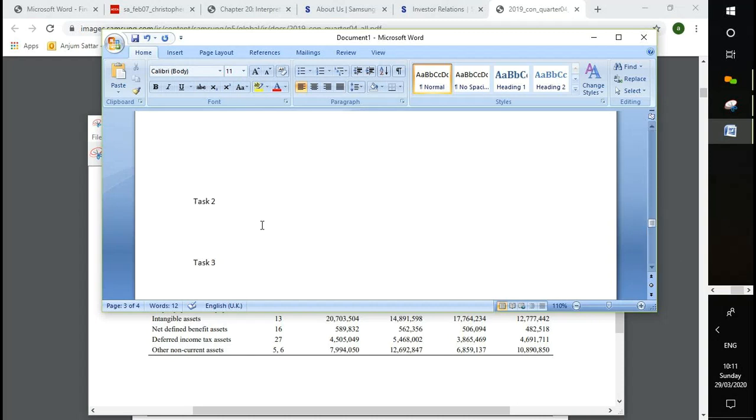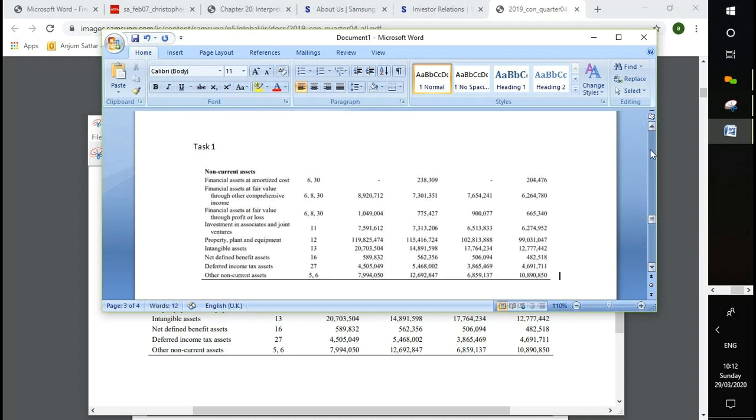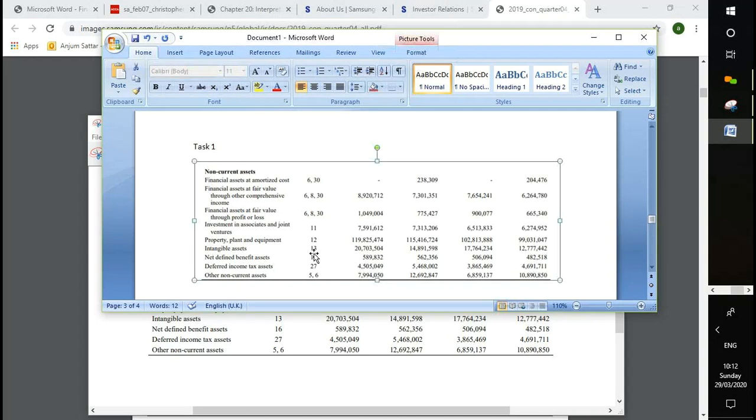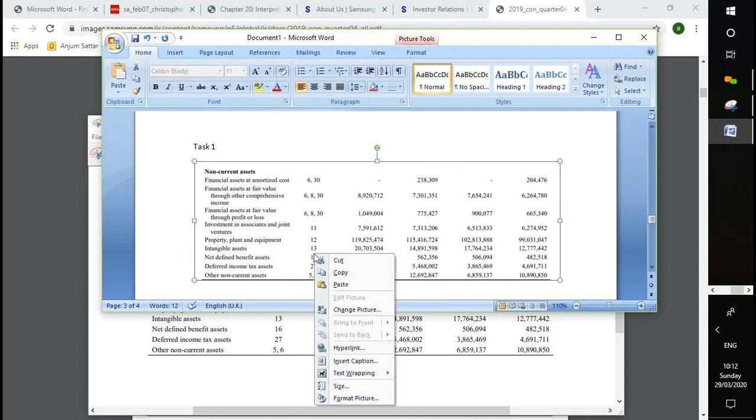And even in that task, if you want to show your figures, you can copy them if you're preparing a PowerPoint slide. If you right click it, can you see? Yes, I can see it.